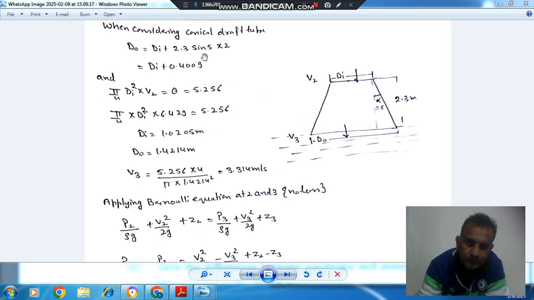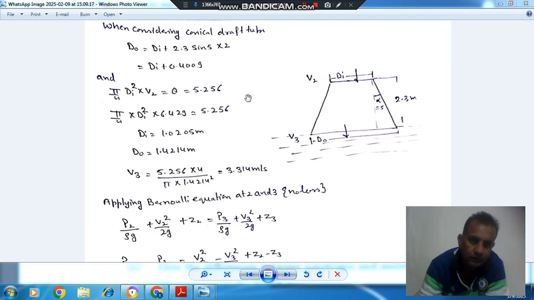This part is 2.3 sine phi, and this part is also 2.3 sine phi. So D0 will be D_i plus 2 into 2.3 sine phi, that is 0.4009. Now we have to calculate D_i also, because V2 is known, Q is known.